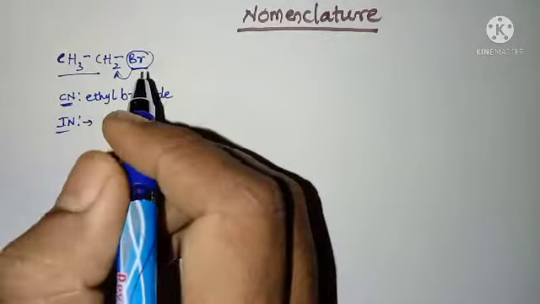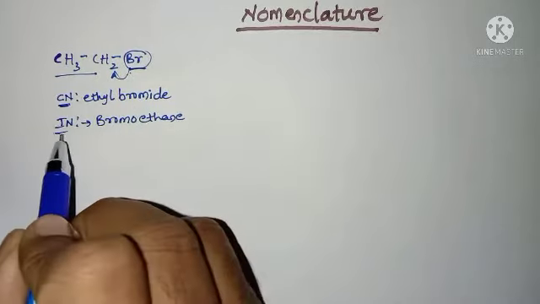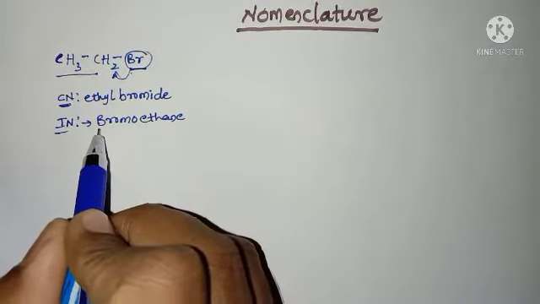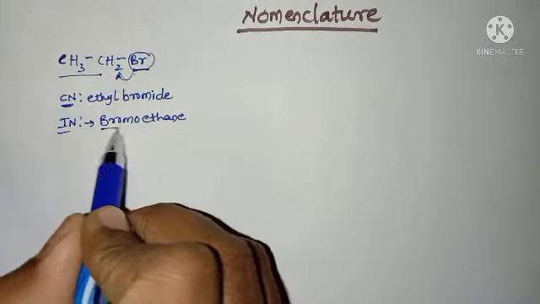In the common name, first we name the alkyl group, then followed by the halogen atom, that is bromide. And in the IUPAC name, first we name the halogen atom, that is bromo, and then the corresponding alkane. Since two carbon atoms are there, the corresponding alkane name is ethane.